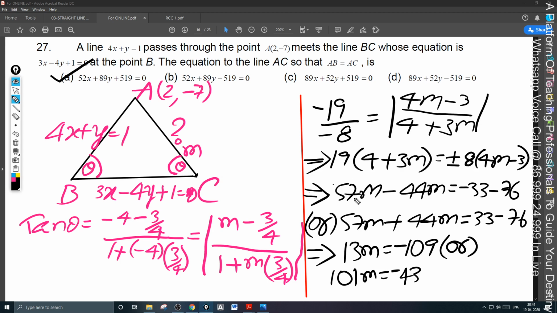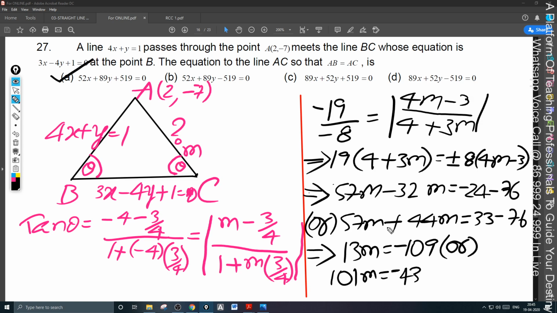Then thereby it becomes 57m minus 32m. I don't think that will be satisfied either. 32m, and here it is minus 24, minus 76. I don't think this will be satisfying.